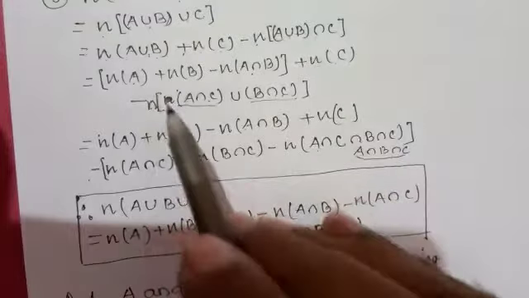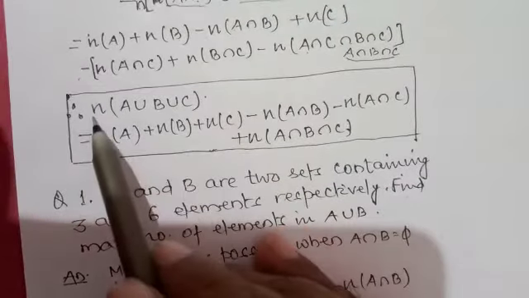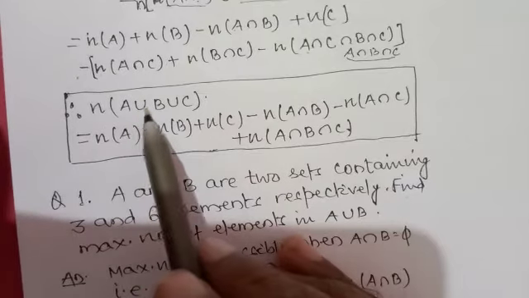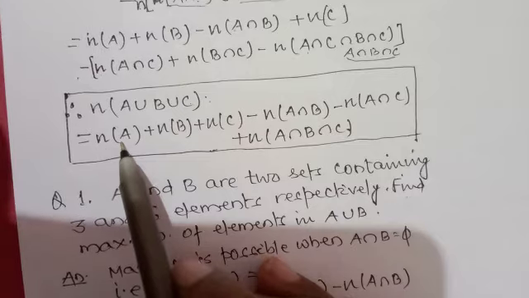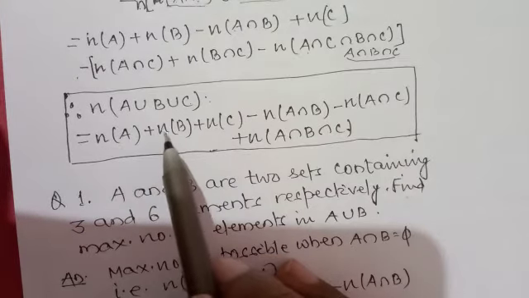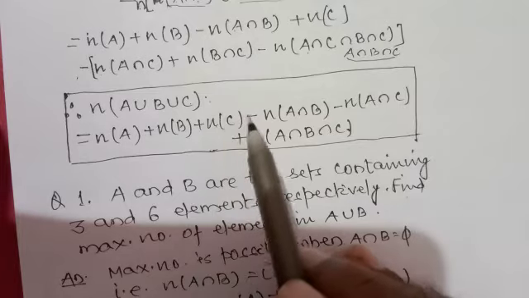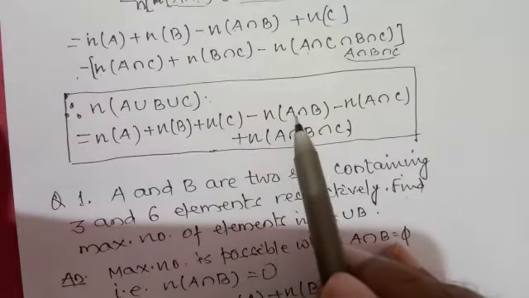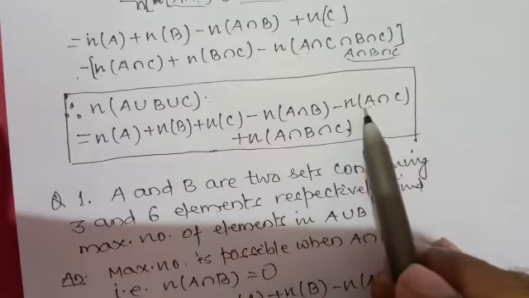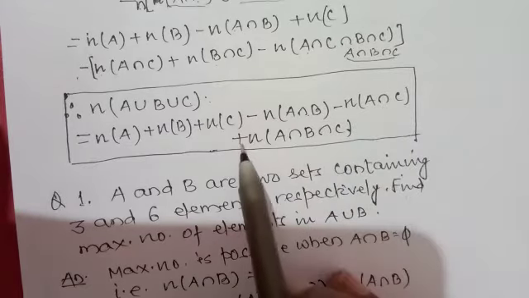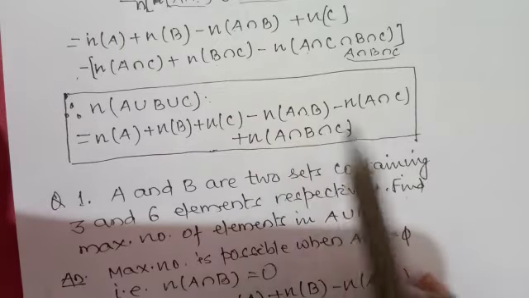This is your whole formula, and finally it is written as n(A union B union C) is equal to n(A) plus n(B) plus n(C) minus n(A intersection B) minus n(A intersection C) plus n(A intersection B intersection C).